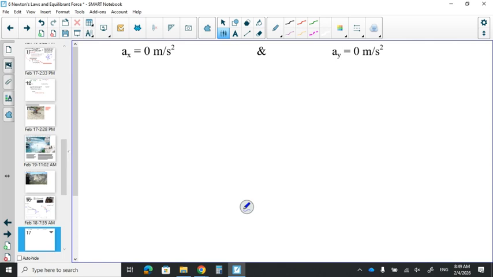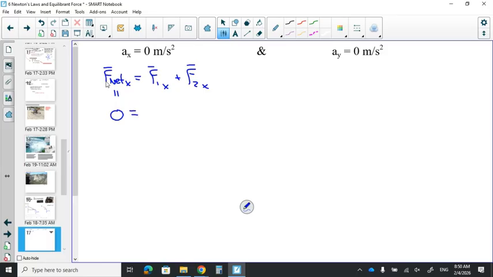That's what leads us to this analysis. So F net in the x direction equals the x component of force number 1 and the x component of force number 2. And so we can do the math for that. May as well go ahead and do that right now. We know this is 0 by the definition we're starting with.